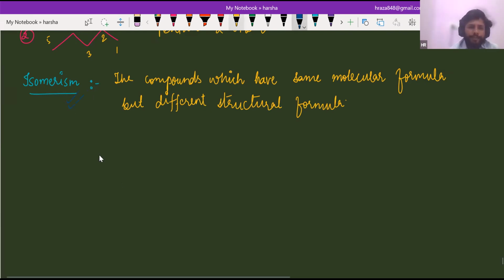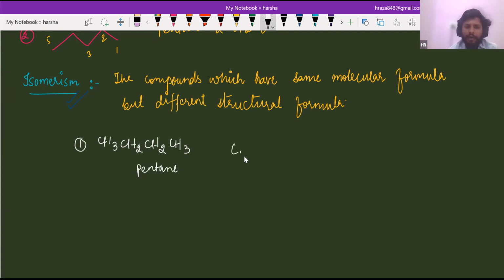Just like, I'm going to take an example. You can see this is CH3, CH2, CH2, CH2, CH3. This is your pentane, which has the chemical formula C5H12. Now I am going to write another structural formula of this pentane, like this: CH3, CH, CH3.